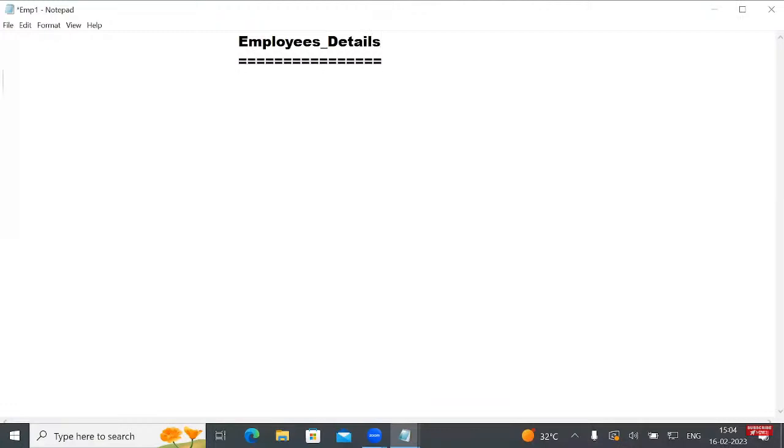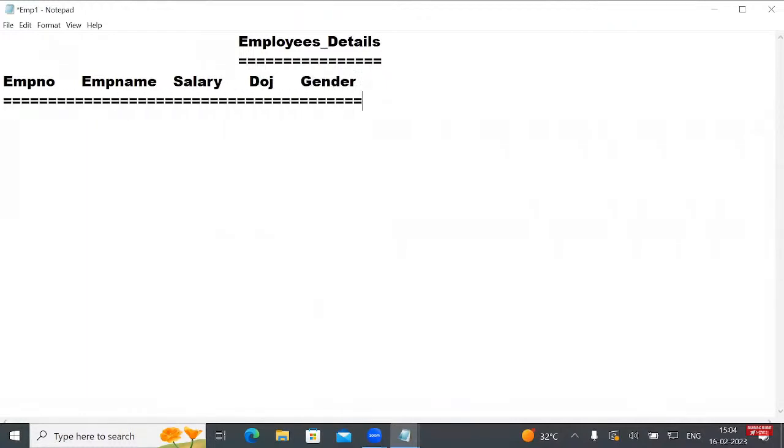Now what I required here: employee number, next employee name, next their salary, and their date of join. For example, I'm also taking gender, etc. So these are some columns.